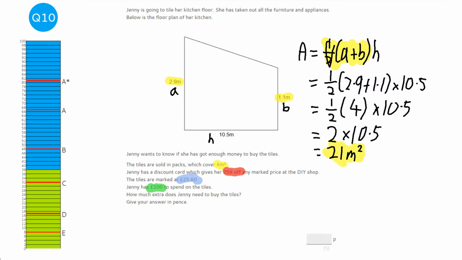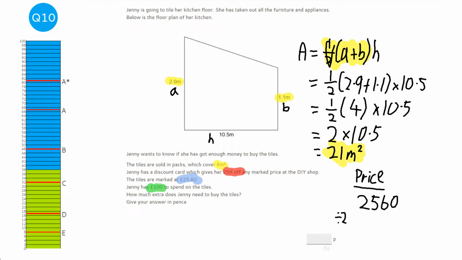Now the next bit we've got to do is work out how much does she pay? We can do this in pence, so I'm going to do price, show the examiner what I'm doing, and in pence it's 2,560, and we're going to halve that, so I'm going to divide that by 2.